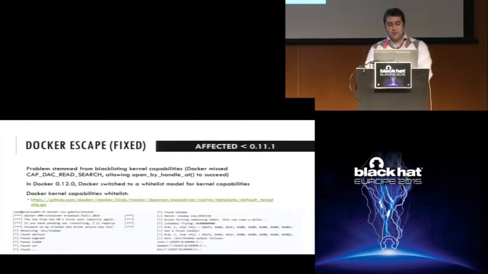So this was actually the first vulnerability that was published with actual exploit code on how you break out of a Docker container. So this is effectively attacking the isolation behind Docker. At one point, Docker actually had a blacklist for kernel capabilities.